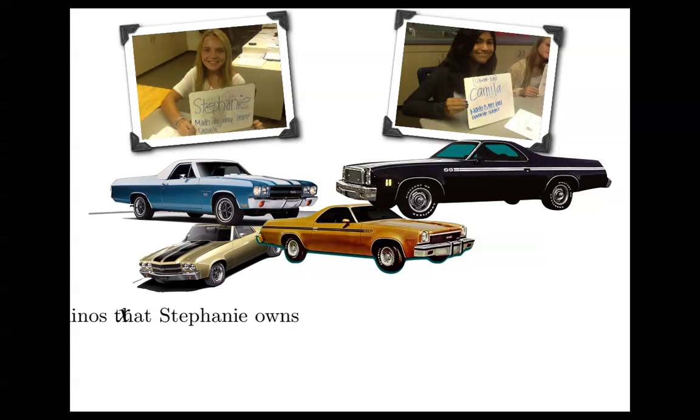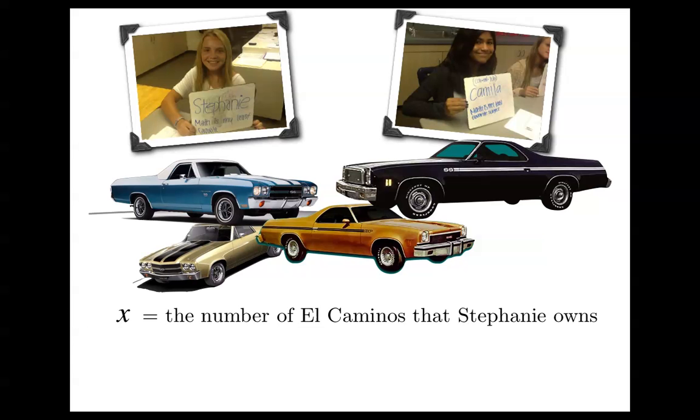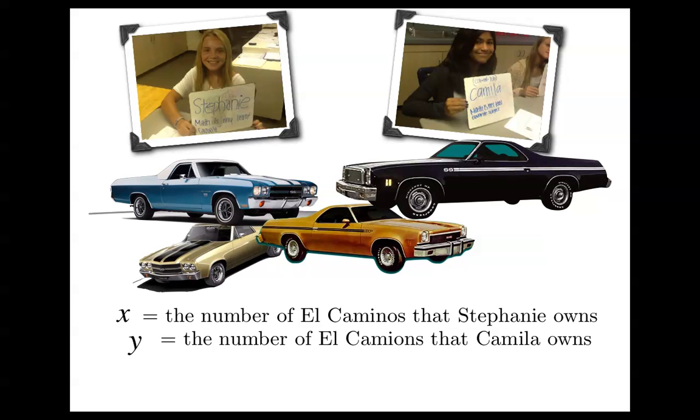So if X is the number of El Caminos that Stephanie owns, and if Y is the number of El Caminos that Camila owns, then we would say that there's a total of 4 El Caminos between the two of them. That's pretty impressive. Now, how do we know if it's 2 for Stephanie and 2 for Camila, or if Camila has all 4, or which ones belong to who?